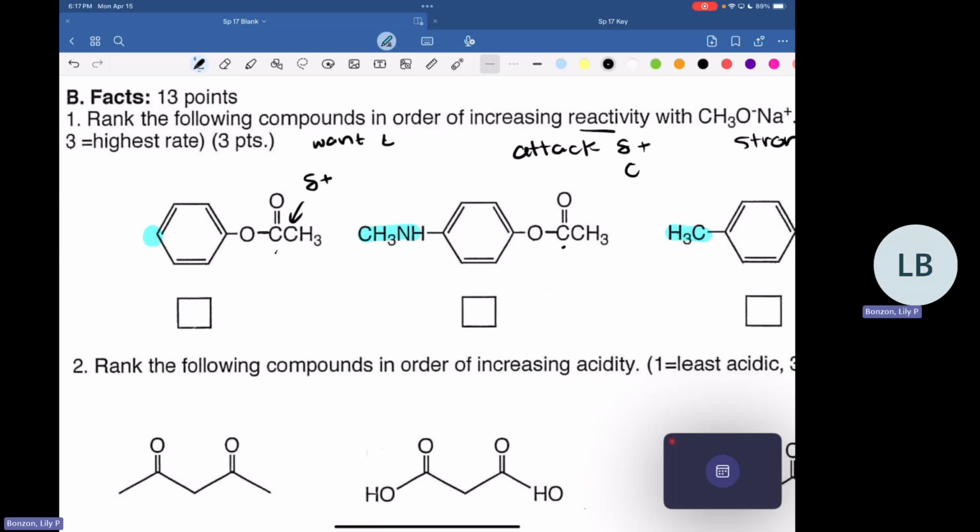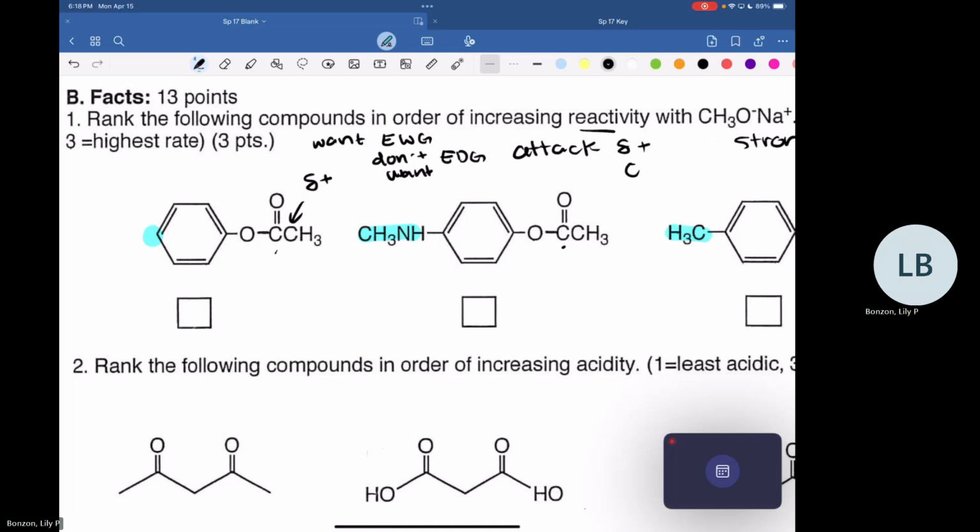electron withdrawing groups, and we don't want electron donating groups. Electron withdrawing groups will take those electrons out and make it more partially positive. Donating groups will negate that and make it less partially positive by donating electrons towards the carbonyl carbon.